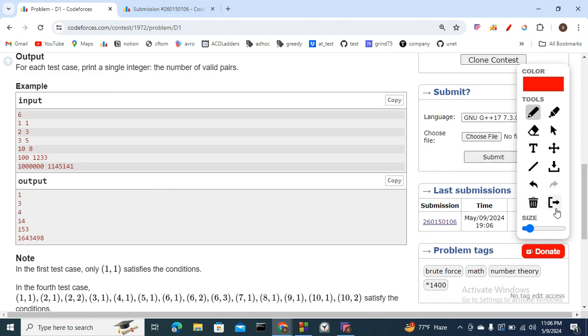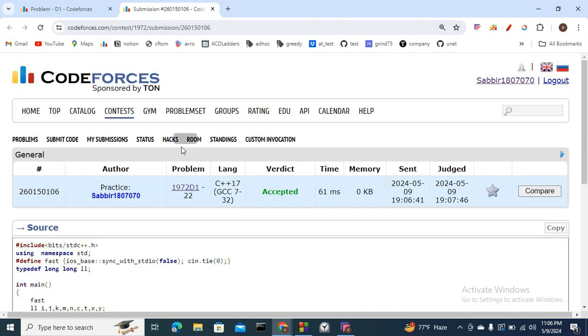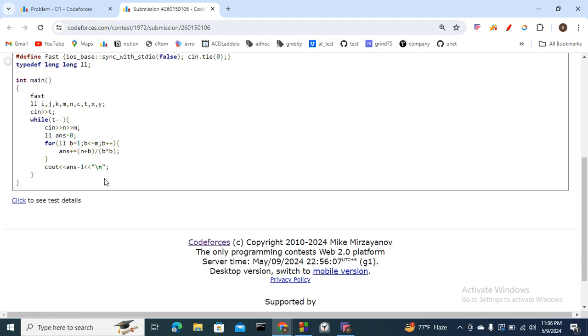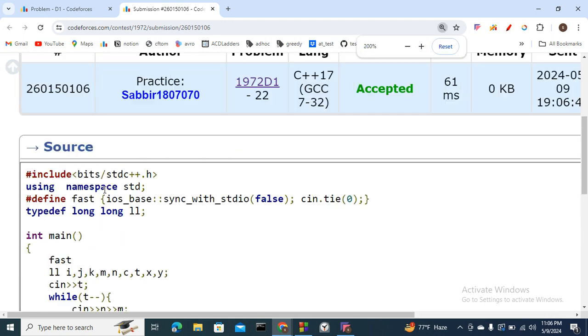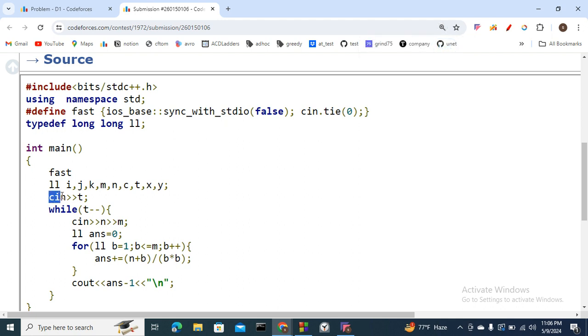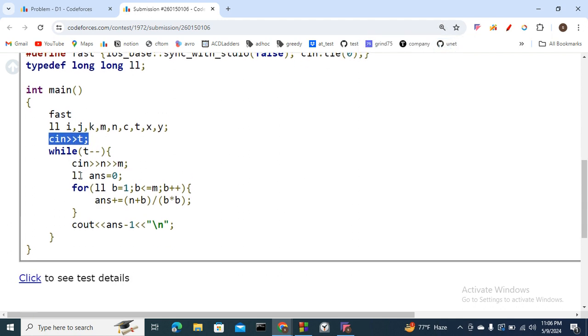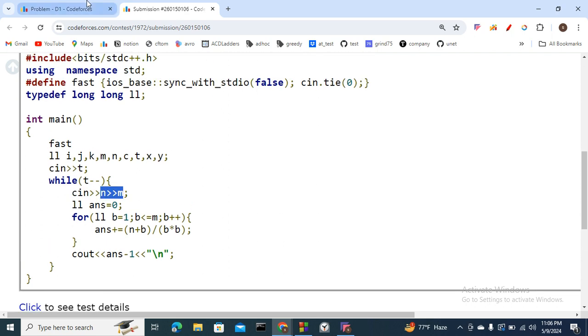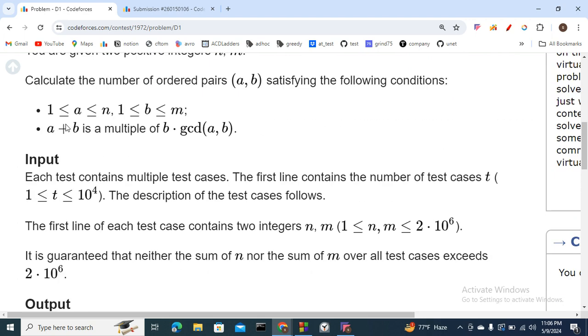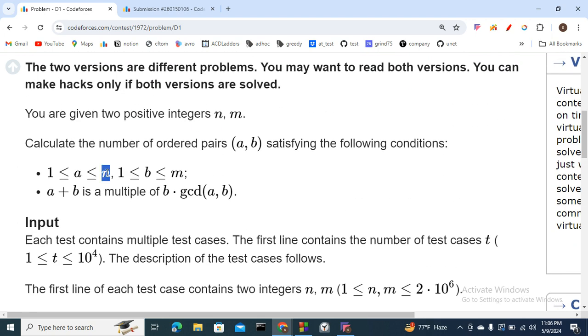So if we see the solution, first of all, the test case count was given, and then we take in the values of n and m. Here n is the range of a and m is the range of b.